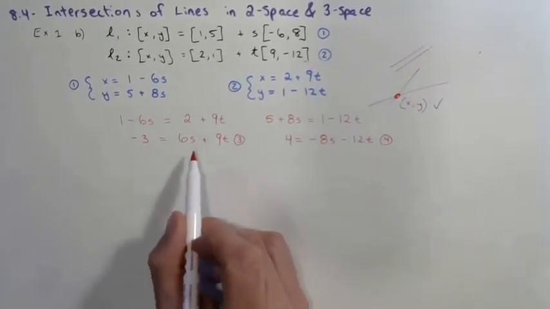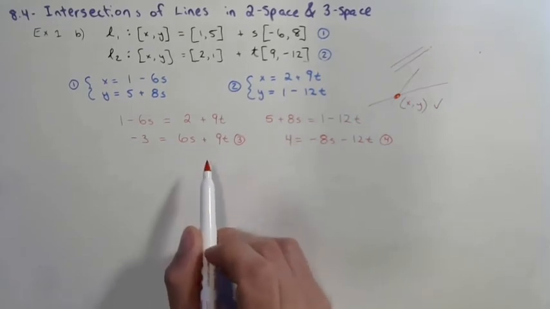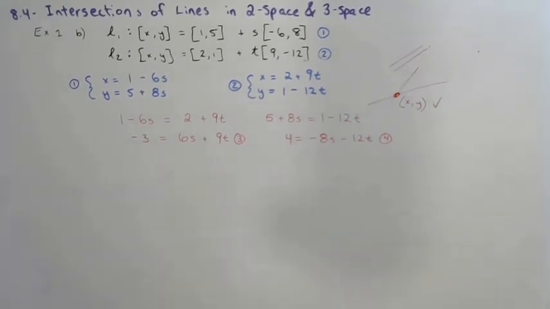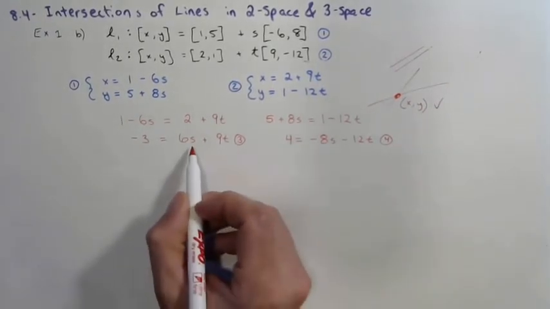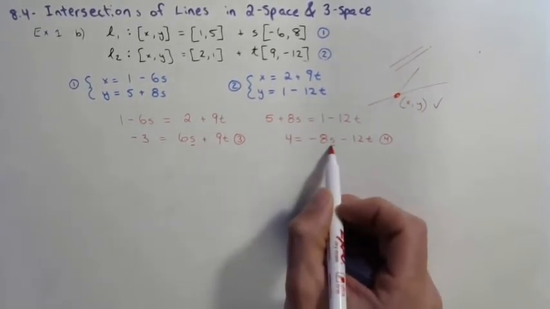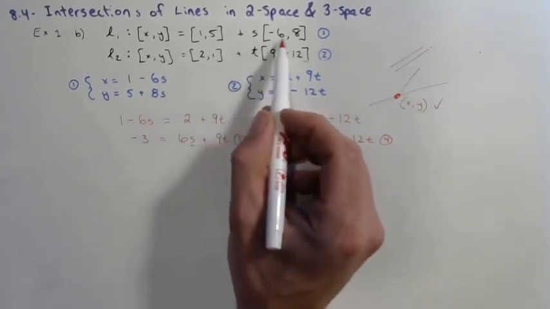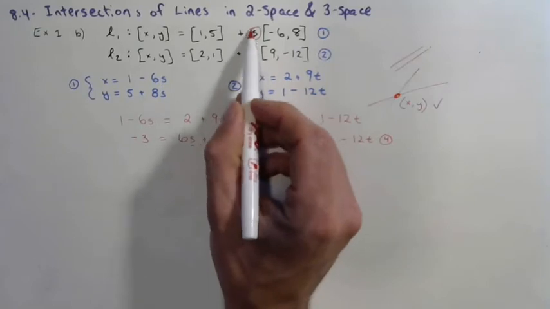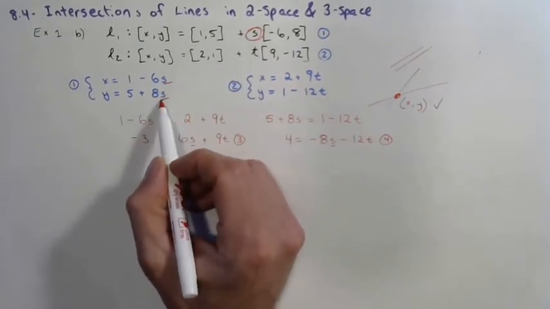So now you can see what's happened. Now I have two equations again and two variables. And if we look at our variables s and t, the s's come from line 1. This s comes from right here. Okay, what does that mean? Well, that means that this s is the same as this s.